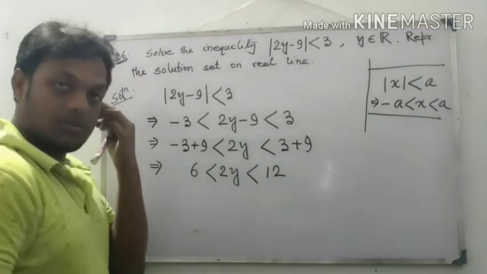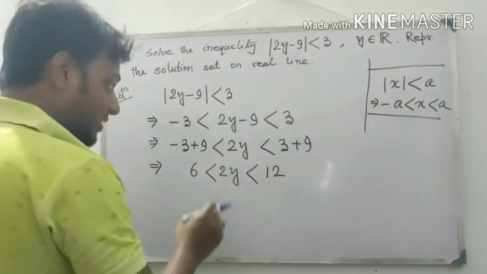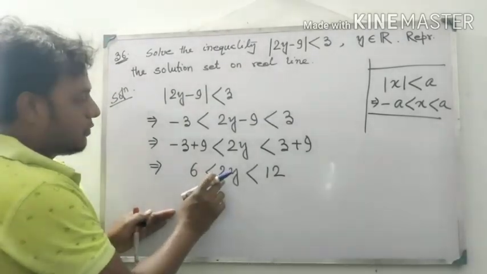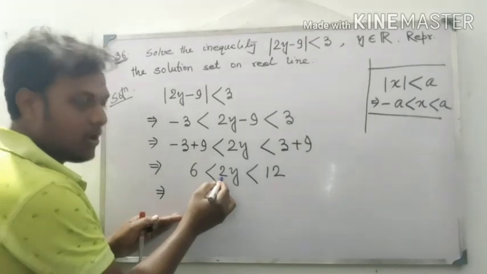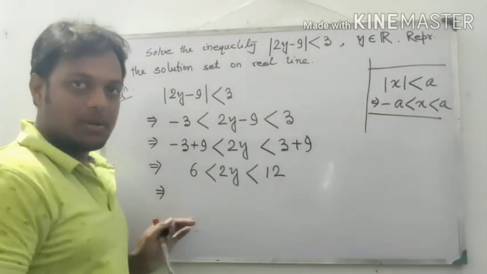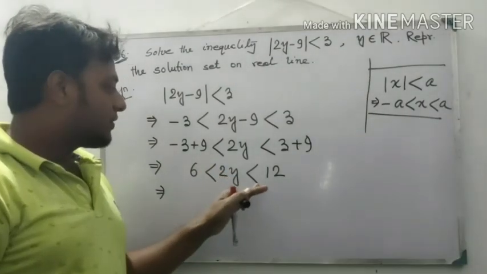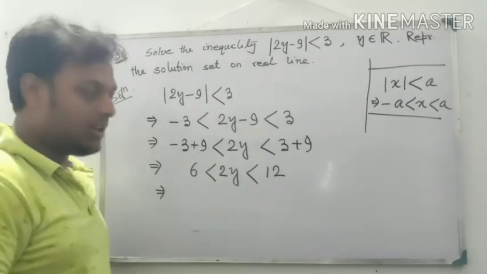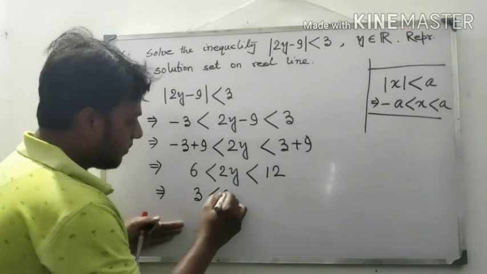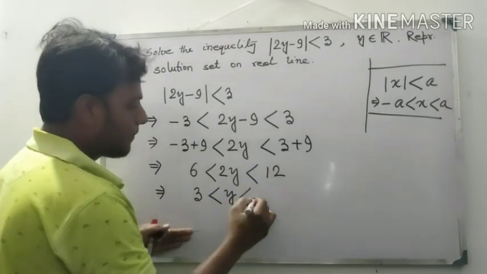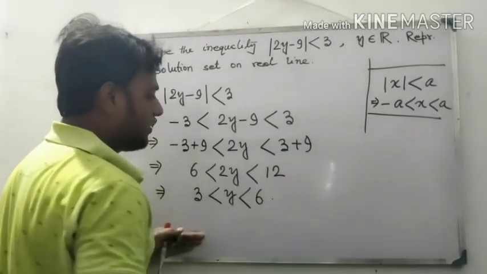So we have to find the range for y, so we divide the whole inequality by 2. Since 2 is obviously a positive number, there is no change of sign of the inequalities. Is it clear? So if we divide both sides by 2, then it will be 3 less than y less than 6. So this is the solution.